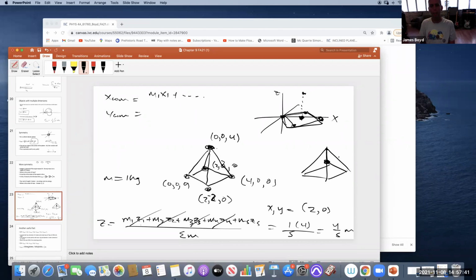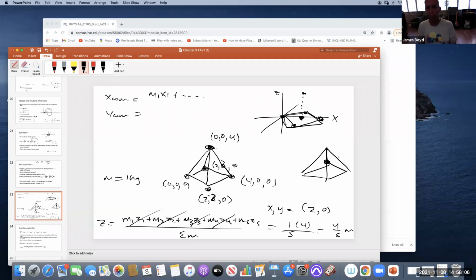Why does that seem backwards? That seems like I've flipped something there. And that's bugging me. Y would be 0, X would be 2. But then I feel like it should be closer to the bottom.